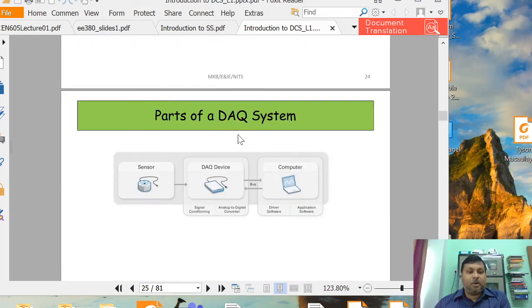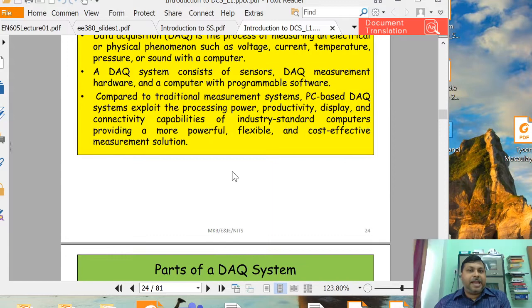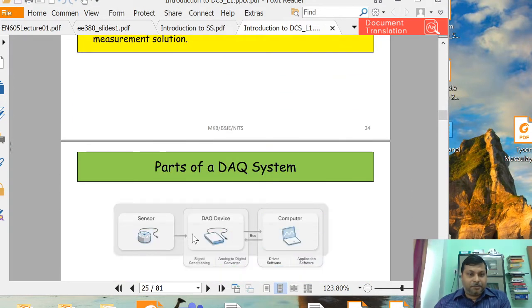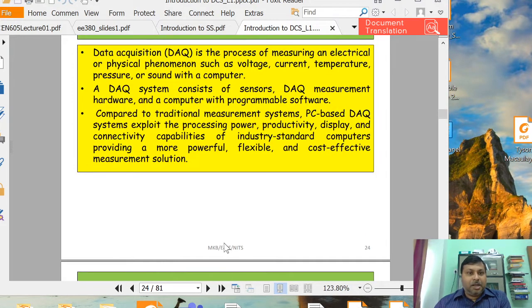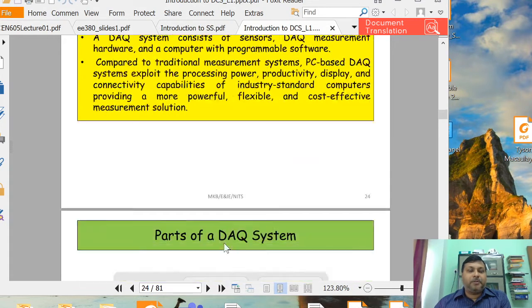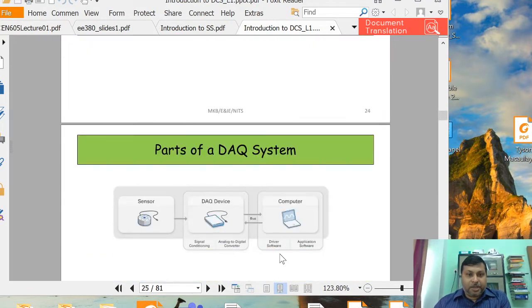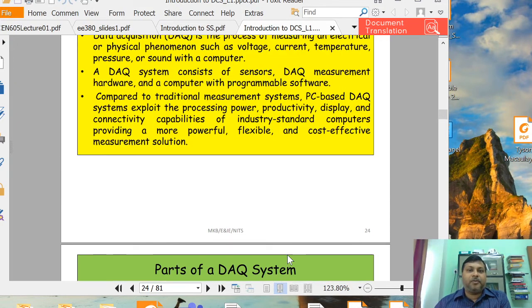You see here one block diagram has been shown: sensor, then DAQ measurement hardware, which may consist of a signal conditioning unit along with an analog to digital converter, and a computer with programmable software, where the driver software will be there as well as the application software.